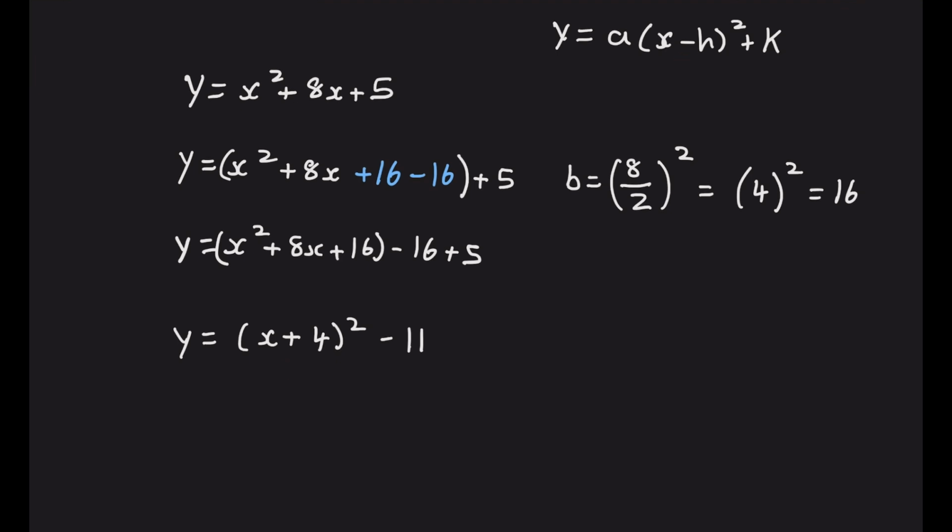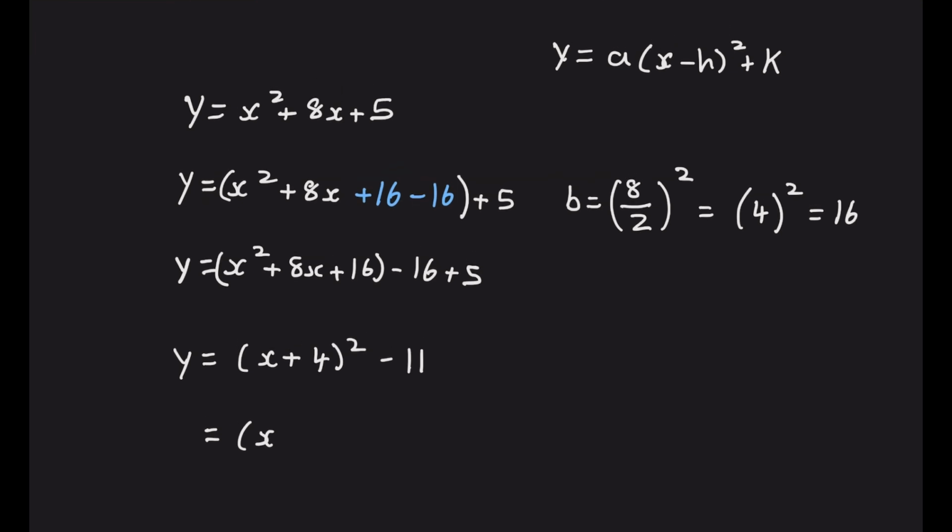Let me write it in another way that makes it a bit more clear. So x minus the h value, which is negative 4. And then the k value stays the same, negative 11. And that's why our vertex is actually negative 4 and negative 11.